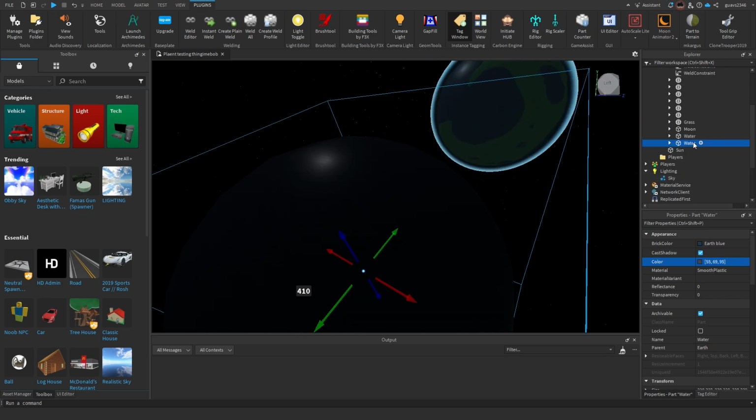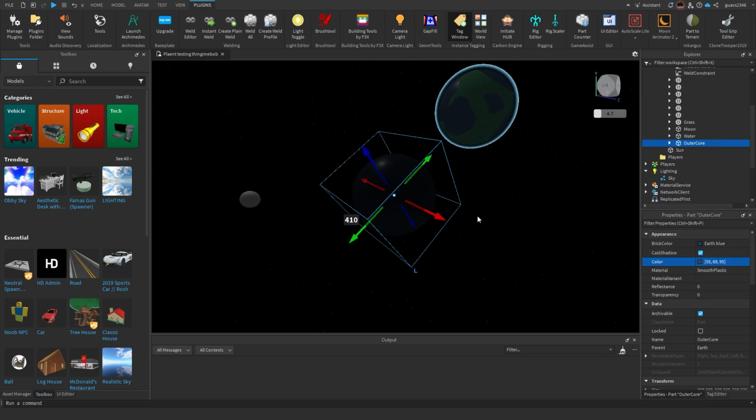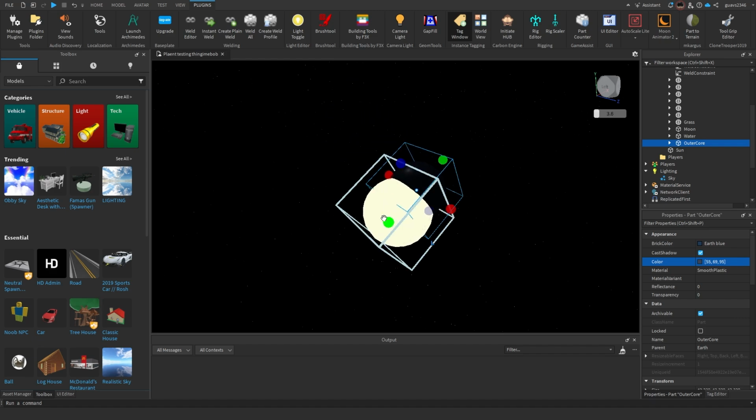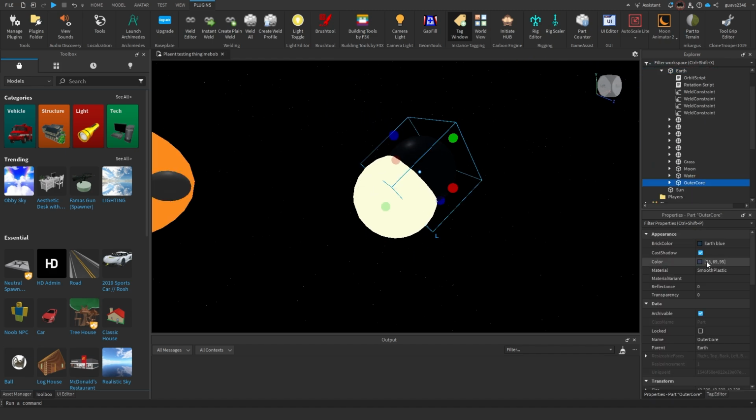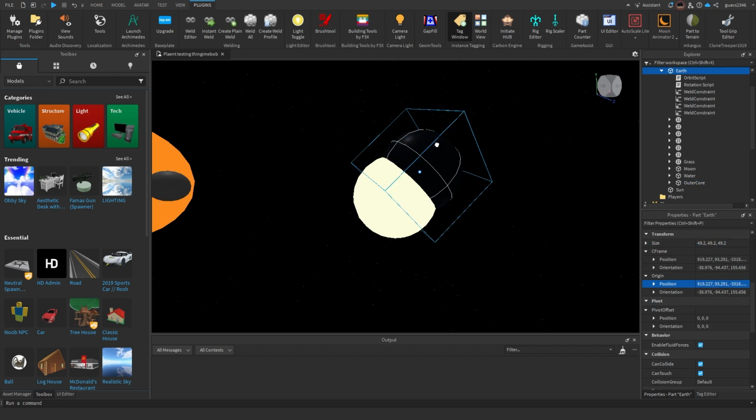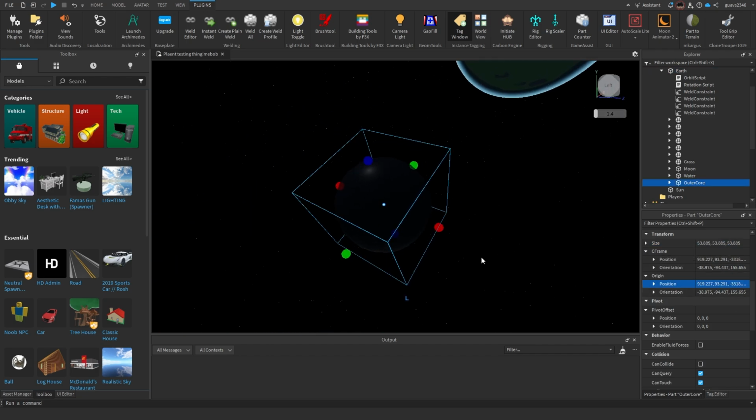I mean, if we're trying to make an Earth model, we gotta make it accurate, man. There we go.